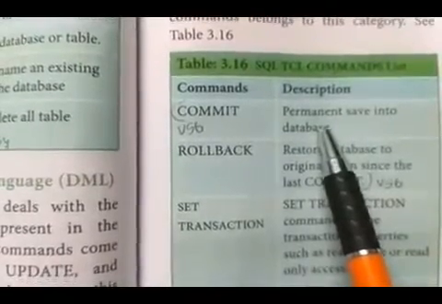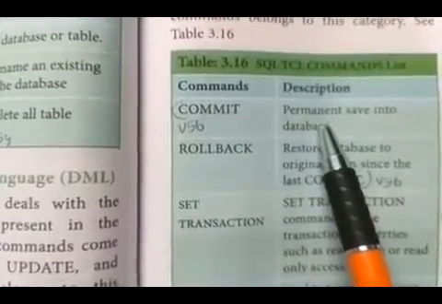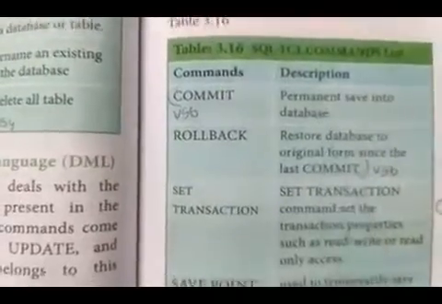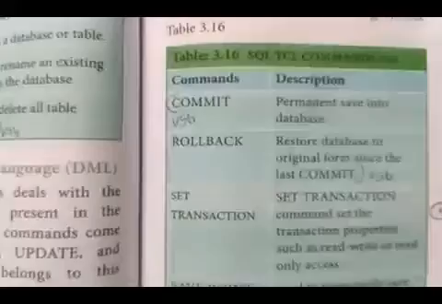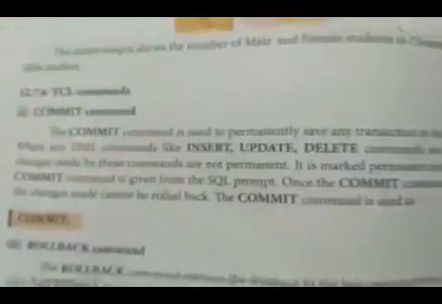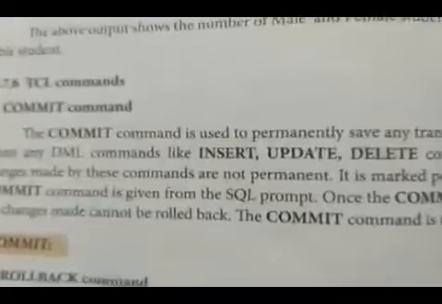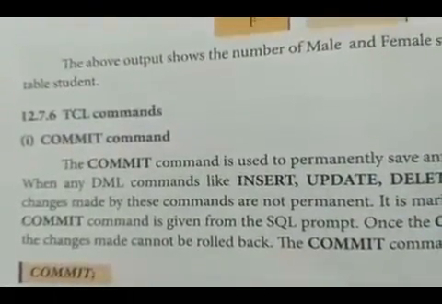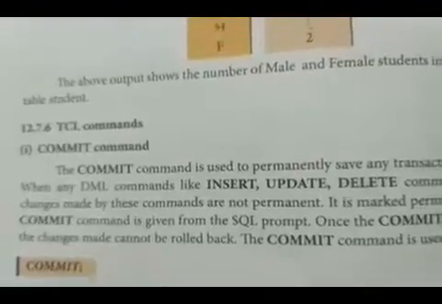So all the transactions we make in the database get permanently saved in the database with the help of the commit command. Here I have done one example. See here, in the CS book they have given the syntax and a good example. So for these SQL commands you can easily refer to the CS book, the 12th standard computer science book.